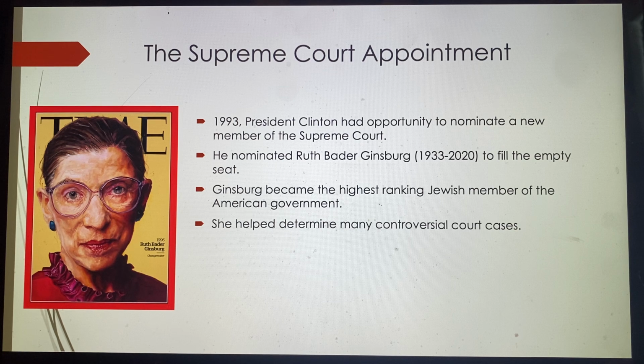So he nominated Ruth Bader Ginsburg. She lived 1933 to 2020, and this is to fill this empty seat. Ginsburg became the highest ranking Jewish member of the American government, and she helped determine many controversial court cases.